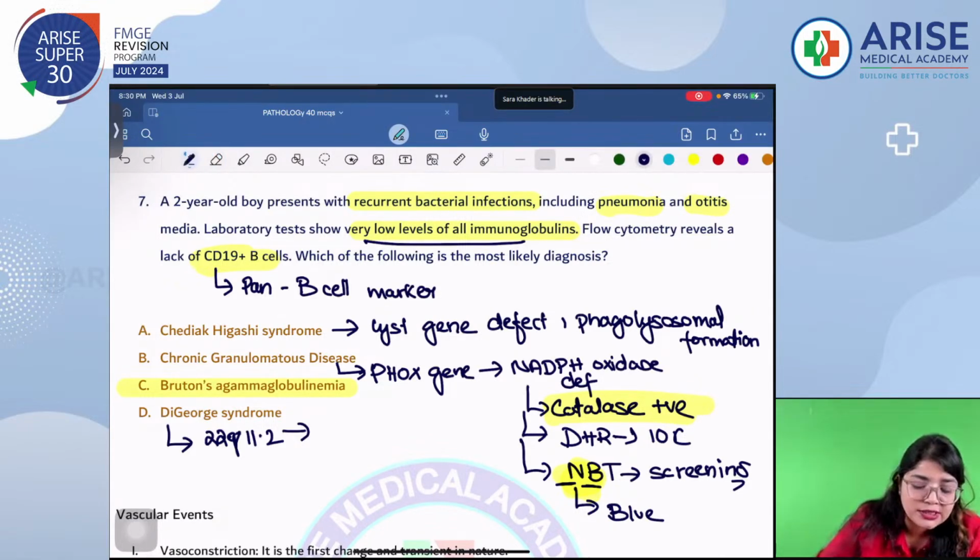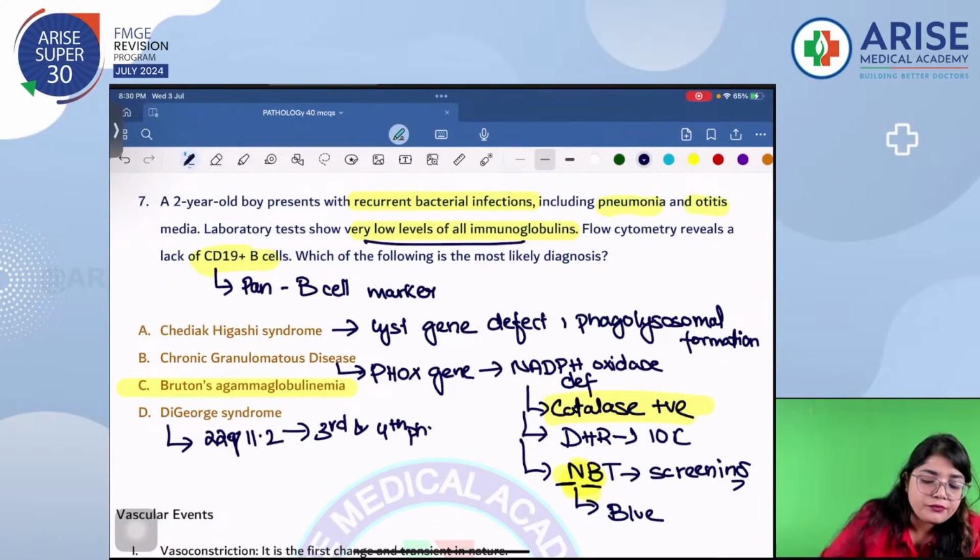What are the 2 pouches that are affected? The 3rd and 4th pharyngeal pouch. As these are affected, 2 glands will be affected, your thymus and parathyroid.